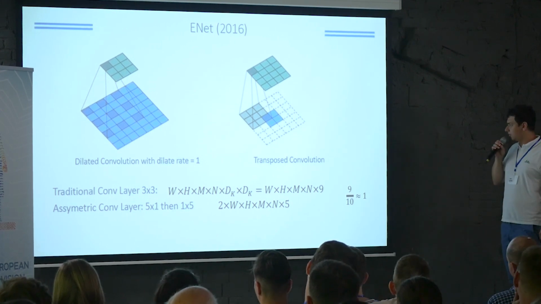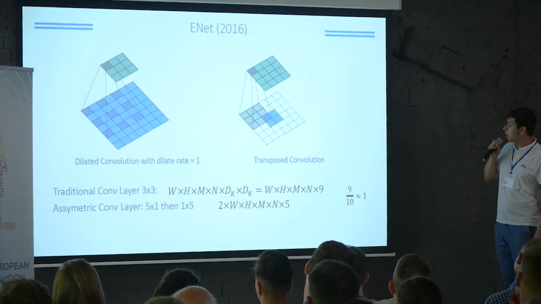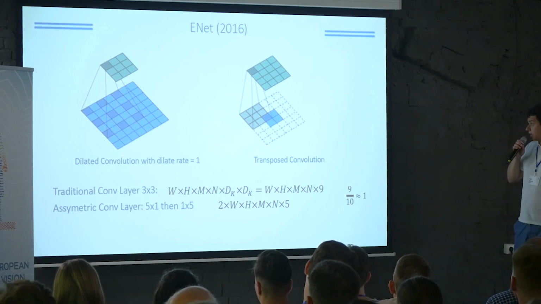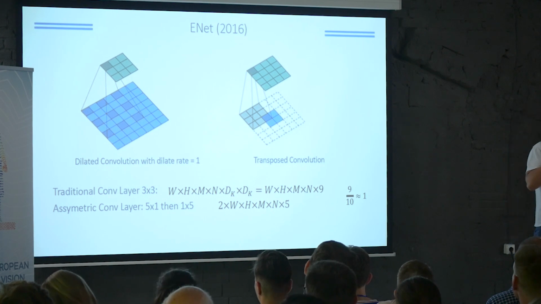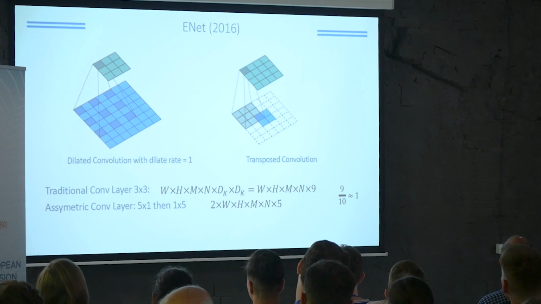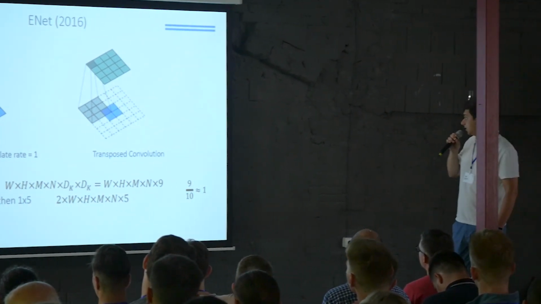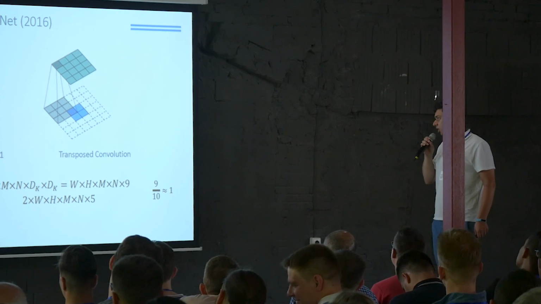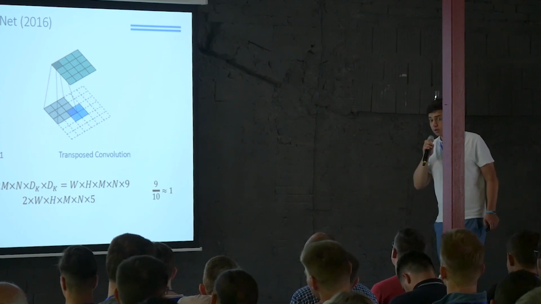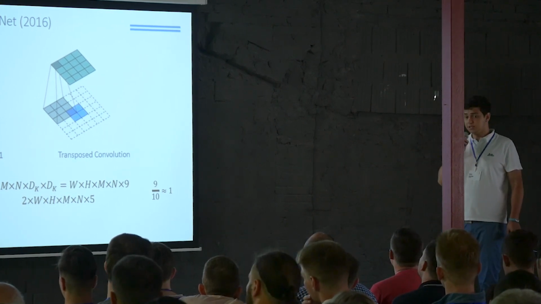And I think most of us know what transposed convolution is. It's used for semantic segmentation, for super resolution. It helps to increase the spatial dimensionality of the tensor. But it's much more efficient than, for example, bilinear interpolation, as it's learnable.